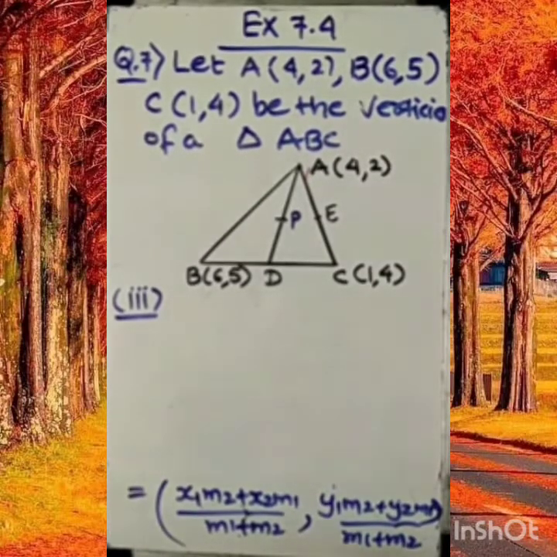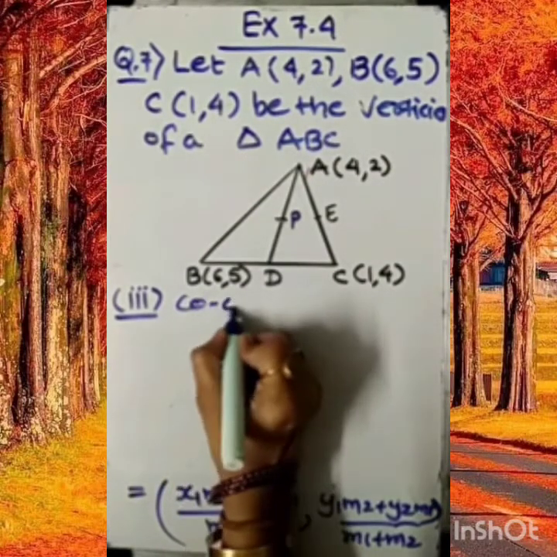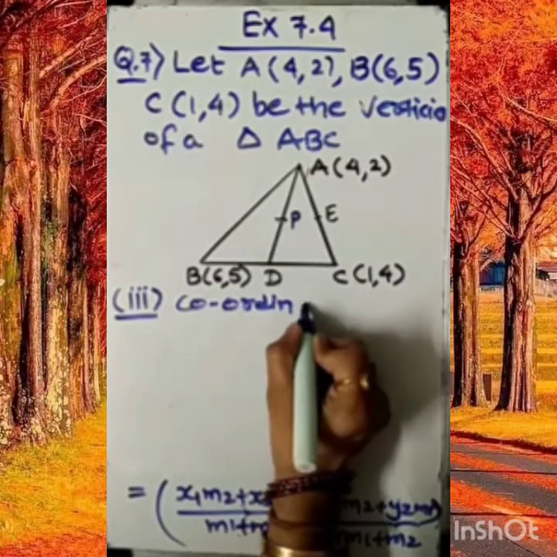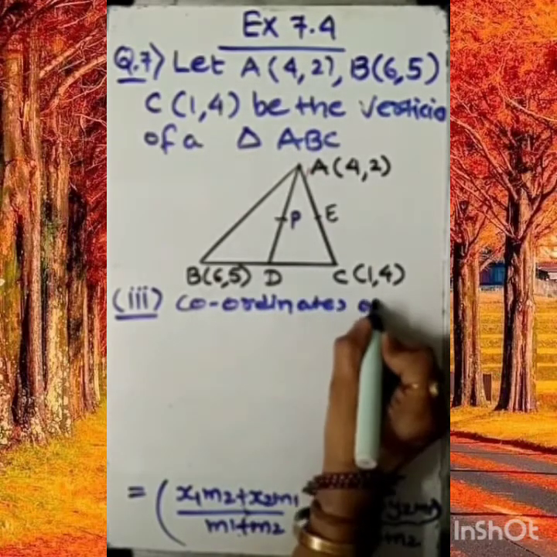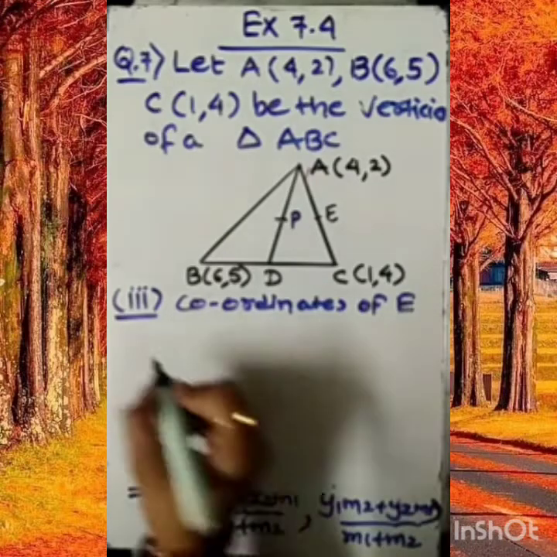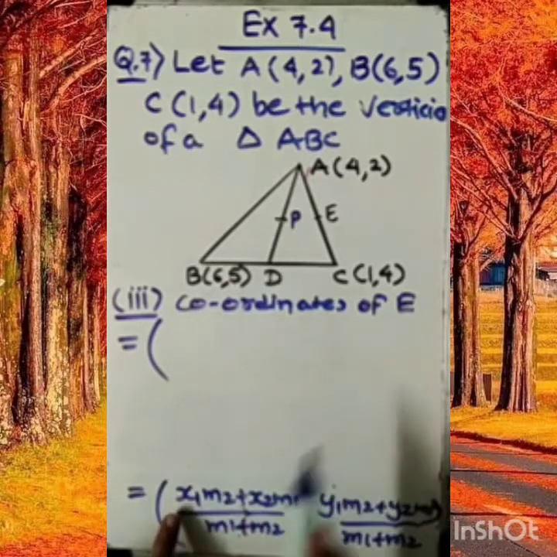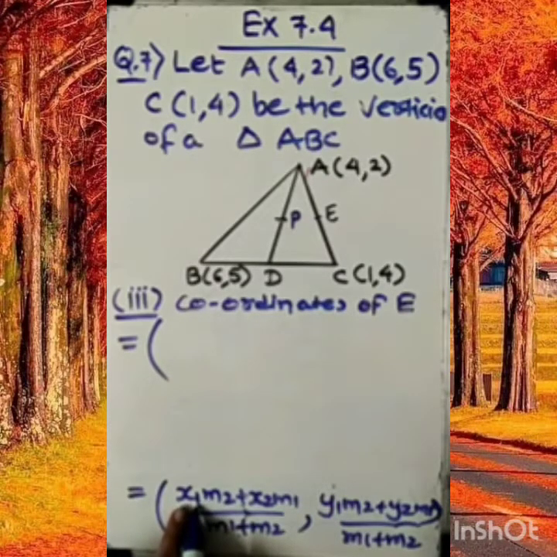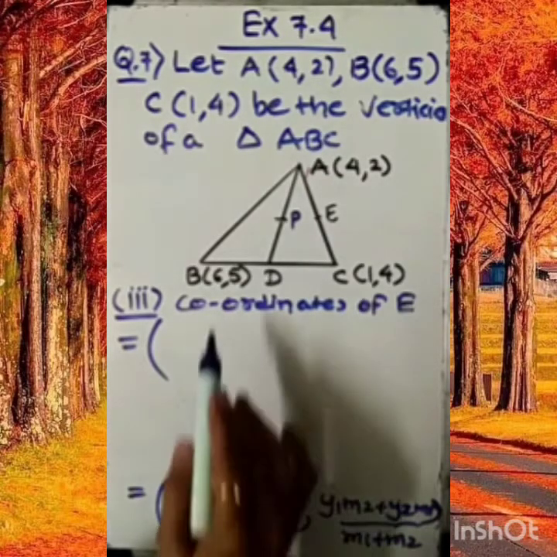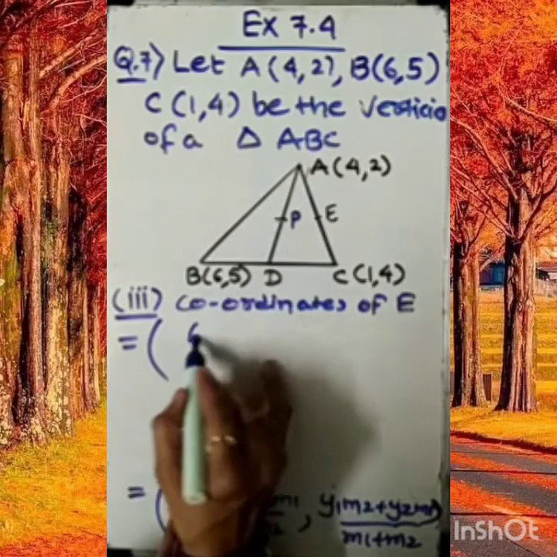So here I am mentioning these are the coordinates of the point. It's a formula. I already applied the section formula. Let's substitute the values. Now dear student, I have cleaned that line, but you can see here x1. What was x1 here? According to this question, x1 is 6. What is m2?